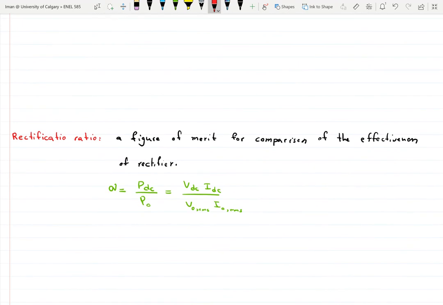Okay, next is form factor, which is basically this. Form factor is equal to V out RMS divided by VDC.